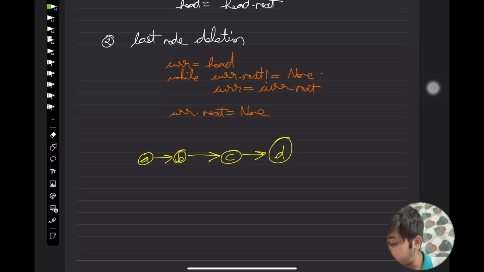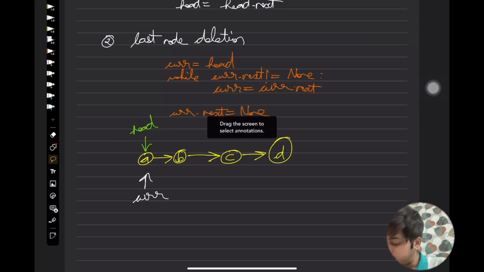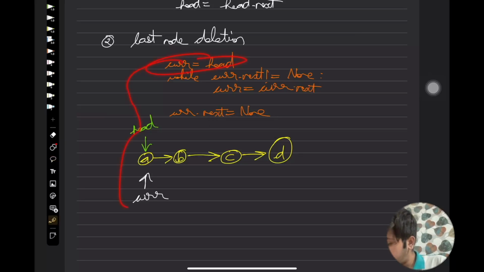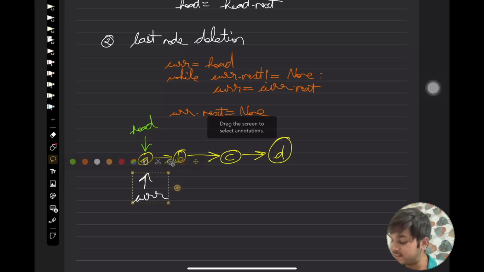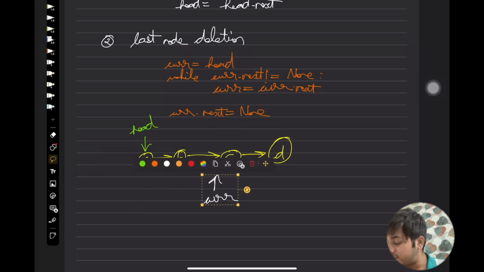I'll just draw the head properly. This is the head, and initially the current is over here. So current goes to the head position, and while current dot next is not equal to none, this current will go here, here, here.